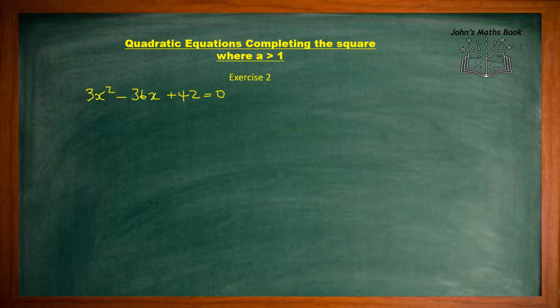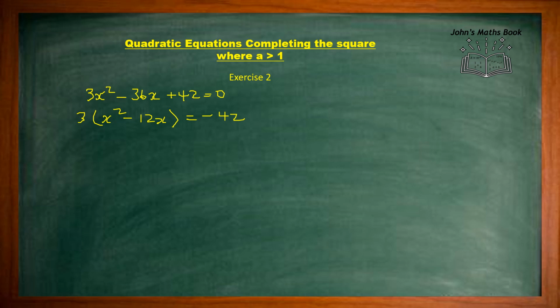Let's factorize the x values. So we got 3 into x squared minus 12x is equal to minus 42. So now let's complete the square inside the bracket.